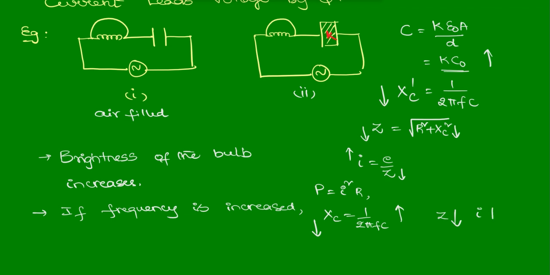If Z decreases, current increases, and hence in that case also, brightness of the bulb increases. This kind of questions we can expect based on the concepts we learned in electrostatics, as well as in this chapter, the frequency dependence of capacitive reactance.